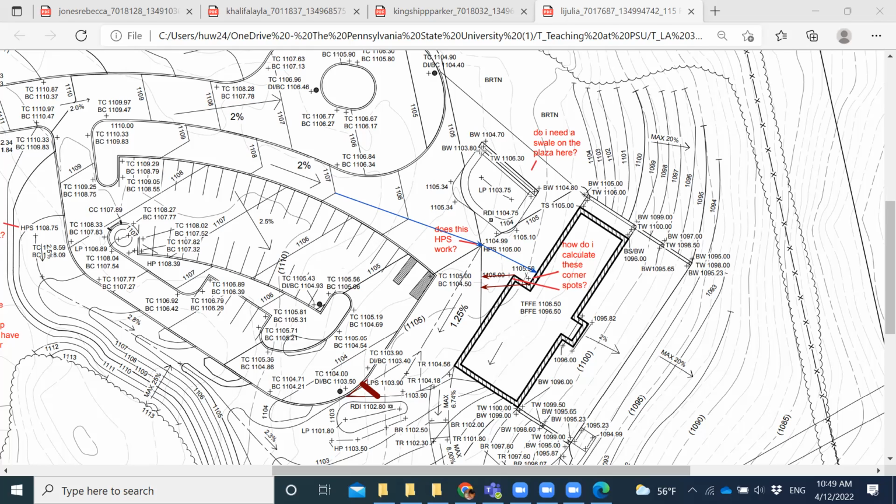So what you could do, in order to make this a little easier to understand, you could calculate the BC and BC here based on the 2.5%. But for the TC, you would use the 2% to calculate the TC. So then you would have a different curb height because of that.